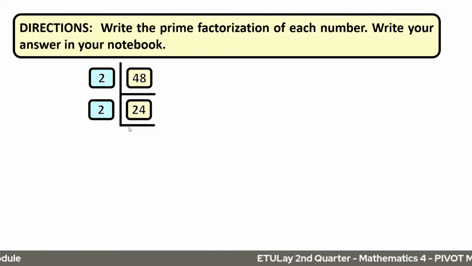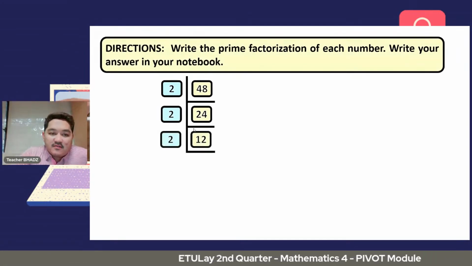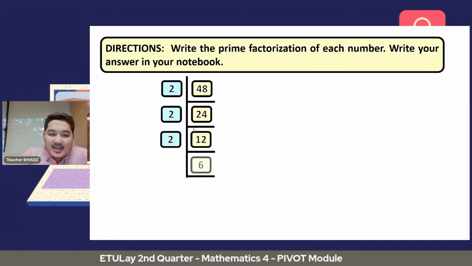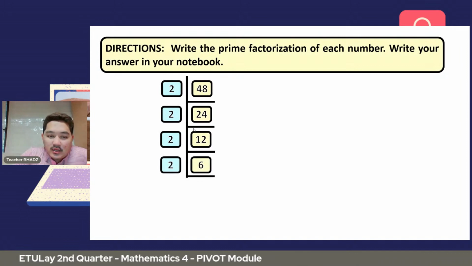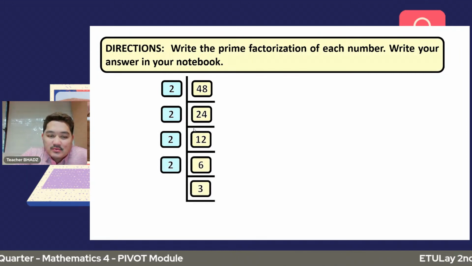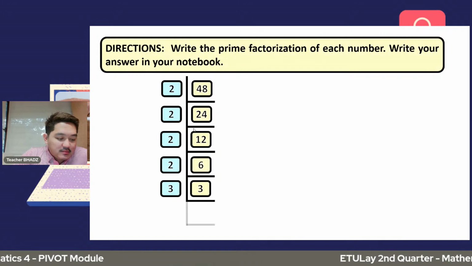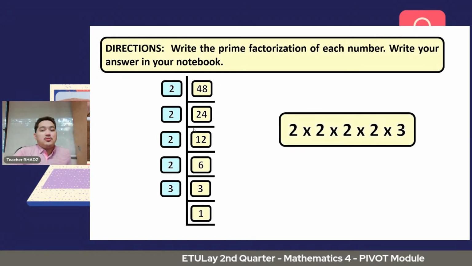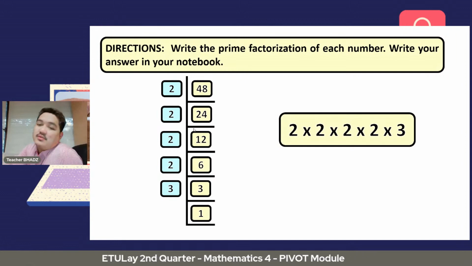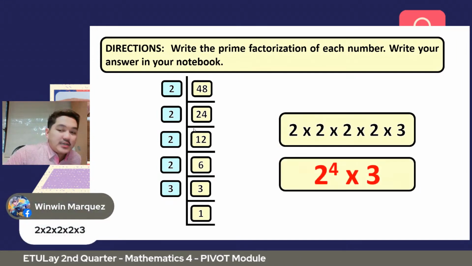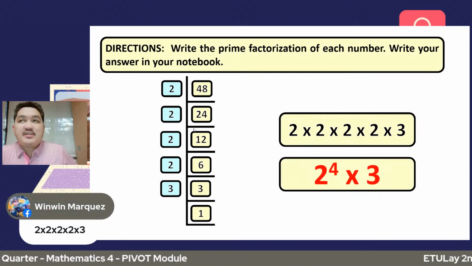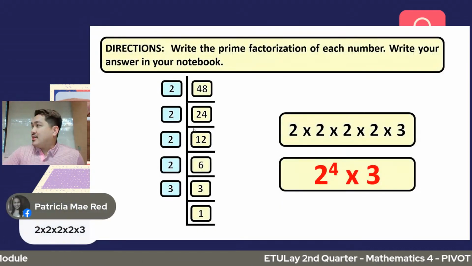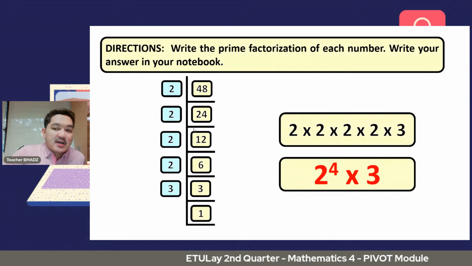Okay, for this one, we have divided by 2, divided again by 2, this will give us 6, divided by 2 again, this will give us 3, and divided by 3 to get 1. So the correct answer is 2 times 2 times 2 times 2 times 2 times 3, or 2 raised to the fourth power times 3. So, ayan po ang ating learning task number 3, our concluding activity this afternoon.